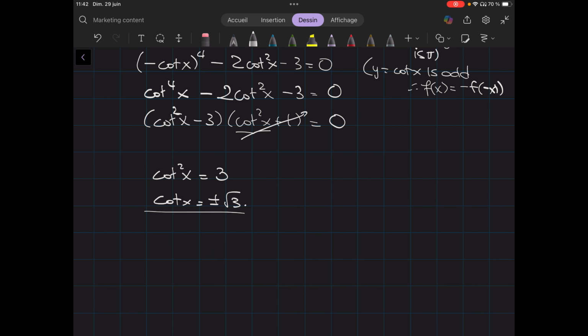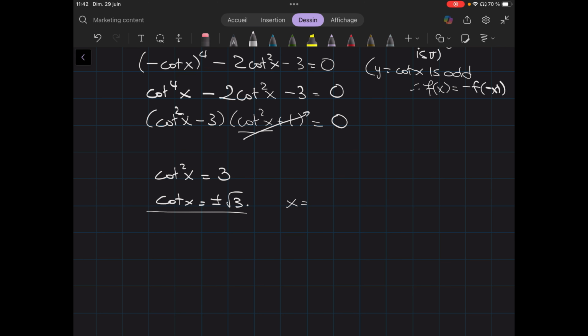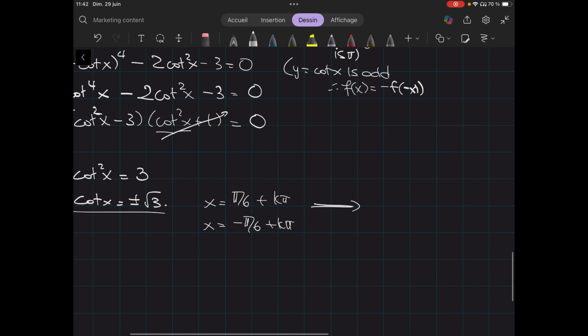Cotangent of x is equal to root 3 when x is equal to pi by 6. The second option is when x is equal to negative pi by 6 plus k pi. Thus, all of the solutions within our domain are pi by 6, 5 pi by 6, 7 pi by 6, 11 pi by 6.